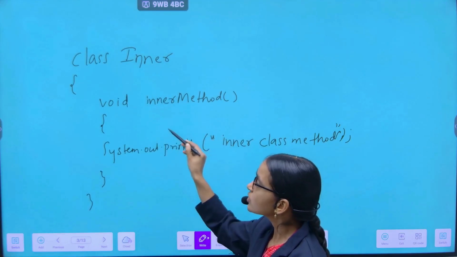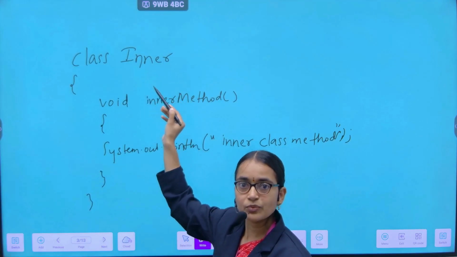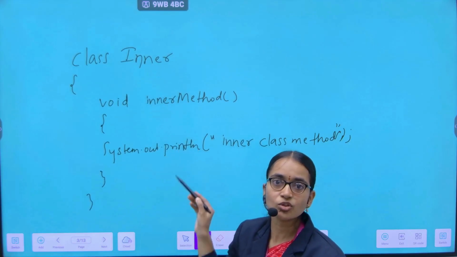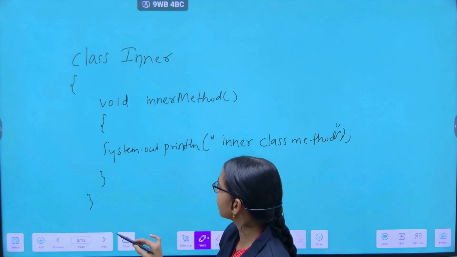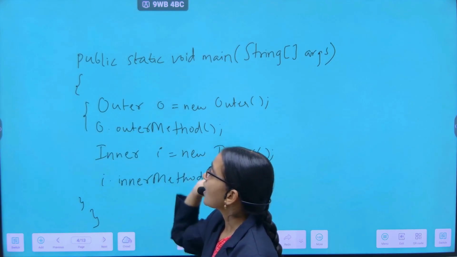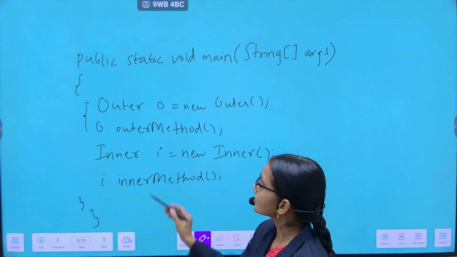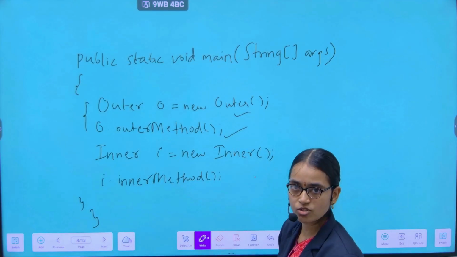To access this inner class directly, we cannot take its instance. You have to take the instance only after creation of the outer class instance. This is the thumb rule we have implemented for these two lines of statements.